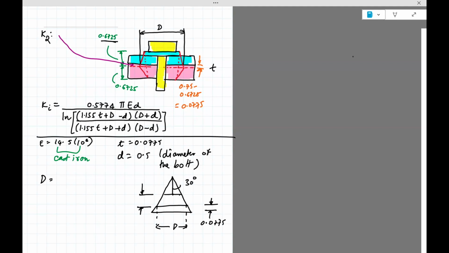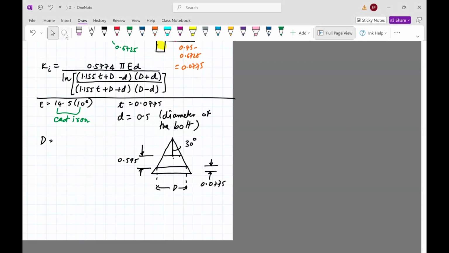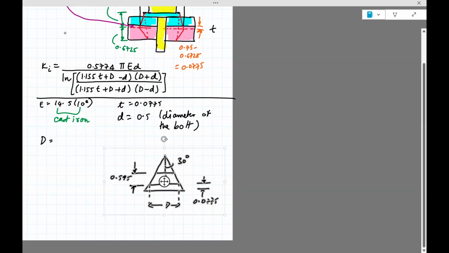Actually, we know this much, 0.595. And I think we also know the distance from here to here. It is the diameter of the washer. Okay, so 0.75 is this. This is D, the unknown. And then we know that angle is 30 degrees.